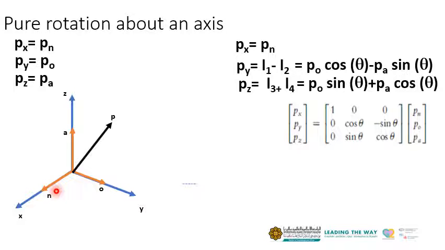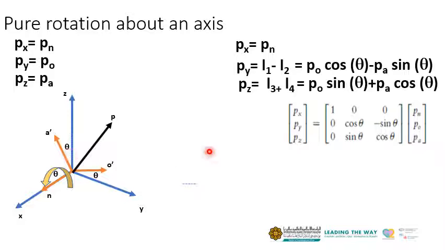Then what will happen is basically we rotate it this way. So the O and A axes will be shifted. The N axis will still remain the same as X because we are rotating with respect to X. So this is the angle of rotation theta.